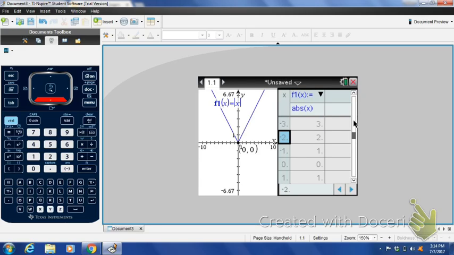Plug in -2, get 2. It's just going to turn the number positive. -1, 1, 0, 0, 1, 1. If you plot all these points, you're going to get that V shape that this graph has. All right? Just like a parabola, it has a 0 x-intercept and a minimum at this point right here, 0, 0. All right.